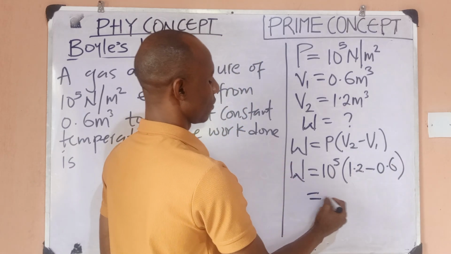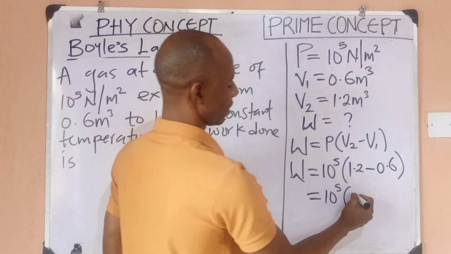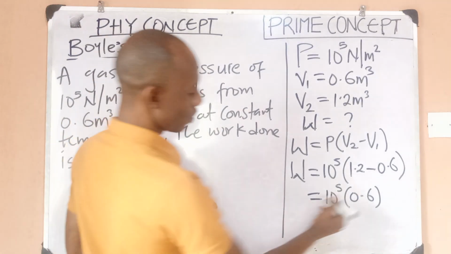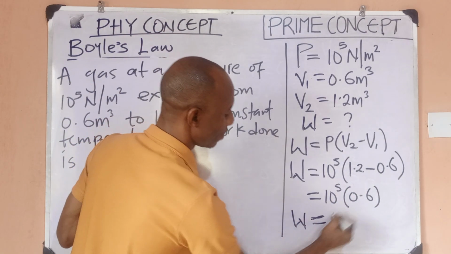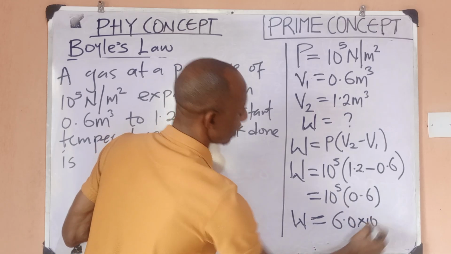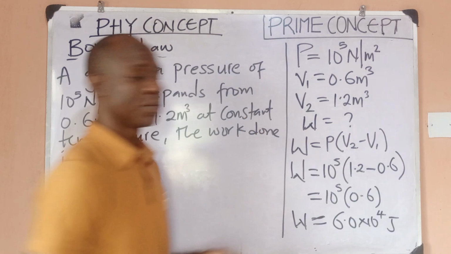So that when I solve this, I'll have 10 to the power 5 into 0.6. So that when I multiply, I would have that my work becomes 6.0 times 10 to the power 4 joules. So this is my answer, right?